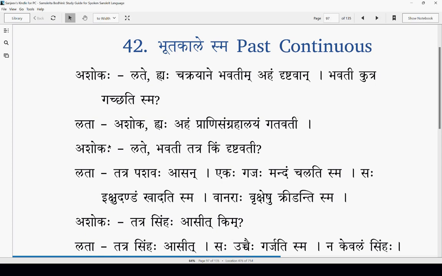Saha annam khadati means he is eating or he eats annam. But in bhutakala, we have this variation form available. So saha annam akhadat, he ate. Saha annam khadati sma, he was eating annam.